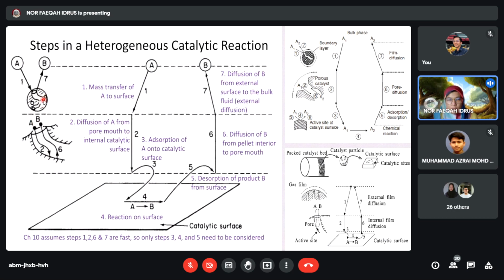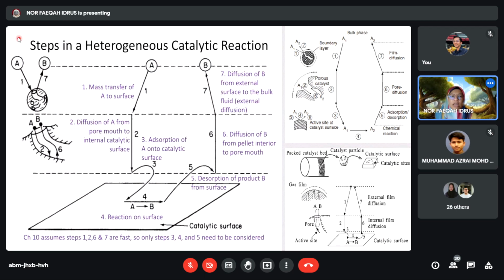It is a porous catalyst, so that's why it has a pore mouth. This is the pore mouth, because a porous catalyst will have pore mouths. And then why are there suddenly only step 1 and 7? So where is step 2 until step 5?